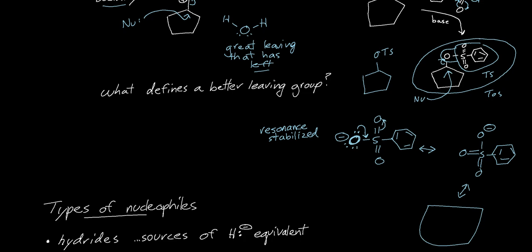In other words, what defines a better leaving group? Stabilization of the resulting anion. So the result, if it's not charged, like water is neutral, that's perfectly stable.